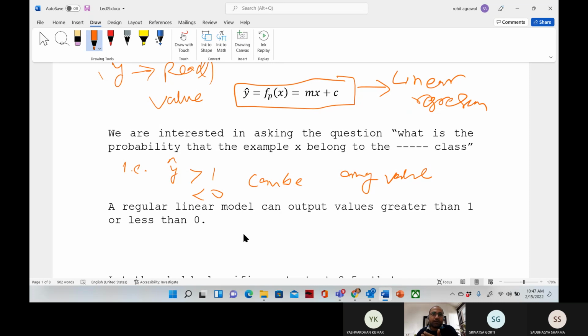You need to classify them as male data or female data, how many are female, how many are male. Suppose you are given an input image and you need to predict whether it is a male image or a female image. This time we are not going to predict the real value, we are just going to predict the class. So now we are interested in asking the question: what is the probability that the example, that means the data point, belongs to a particular class?